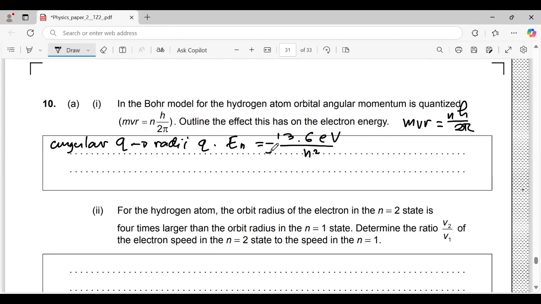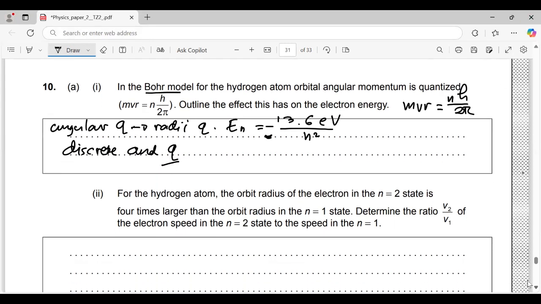Pay attention that the sign is minus. So the energy of the electron in the Bohr model is indeed discrete and quantized. I just reviewed this lesson.